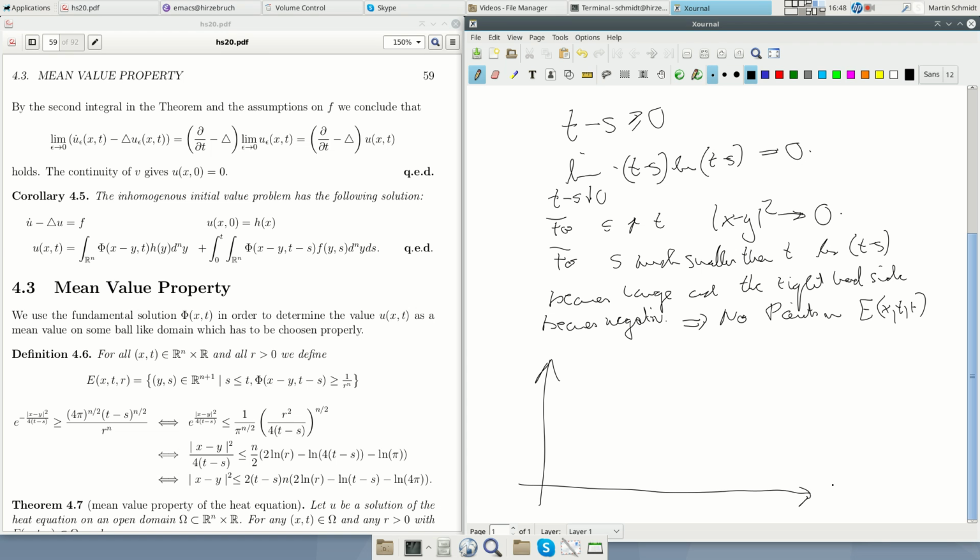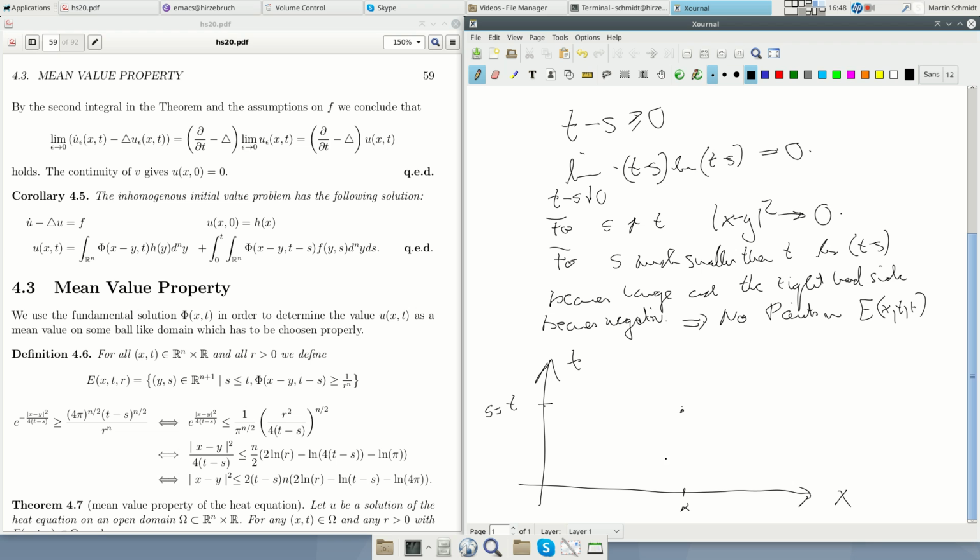If we draw here coordinate x and here coordinate t, let's say we have here a t, then the s, and we have here our x. Then for s equals t, this is 0.